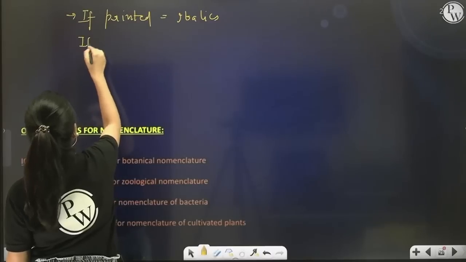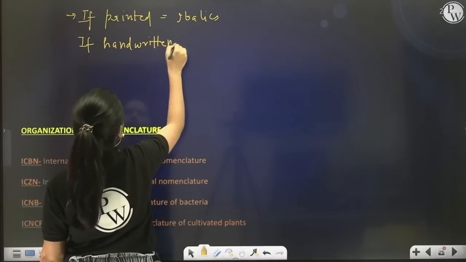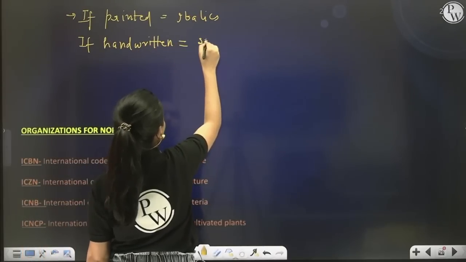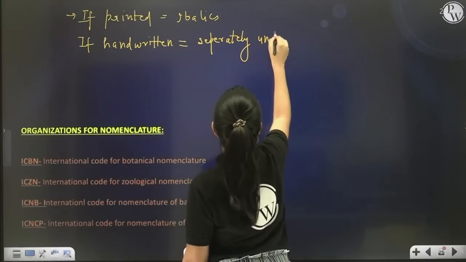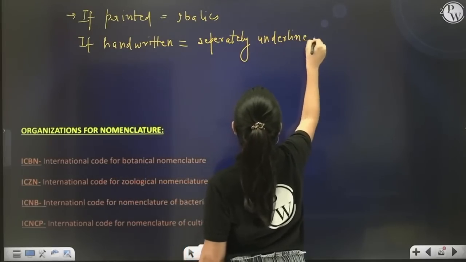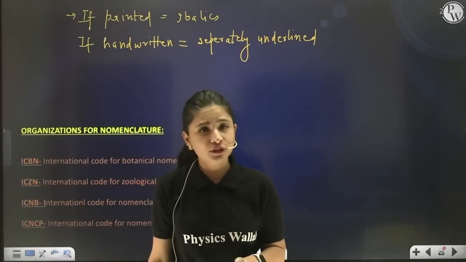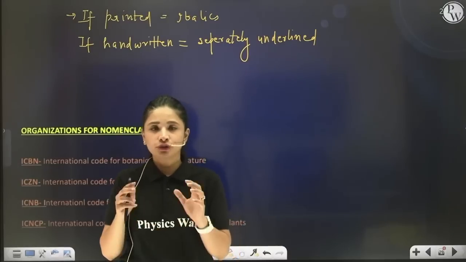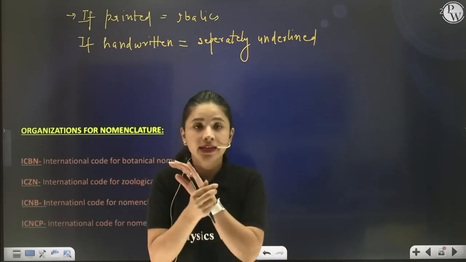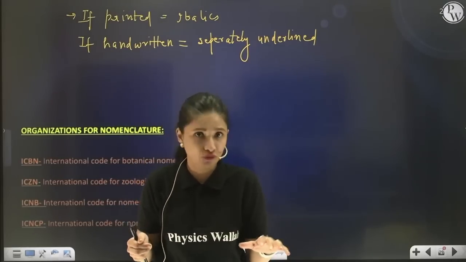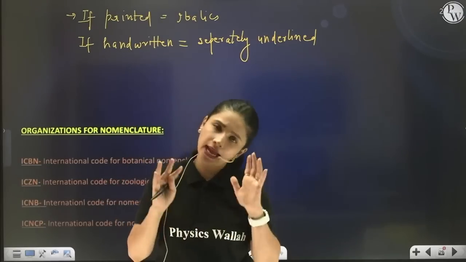However, if handwritten, then both the names should be separately underlined. Clear to everyone? Yes or no? Very good. So these are certain rules which Carolus Linnaeus proposed so that the correct naming system should be followed and all the names of organisms should be globally accepted and same.